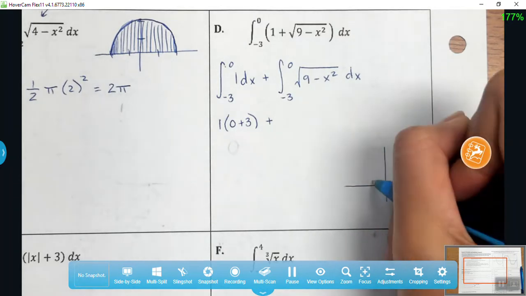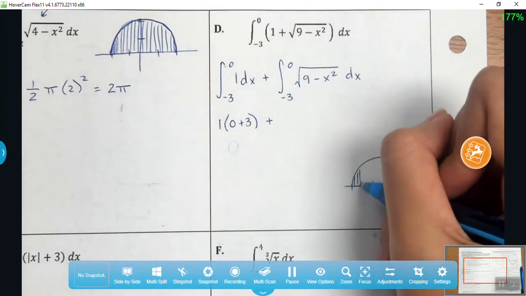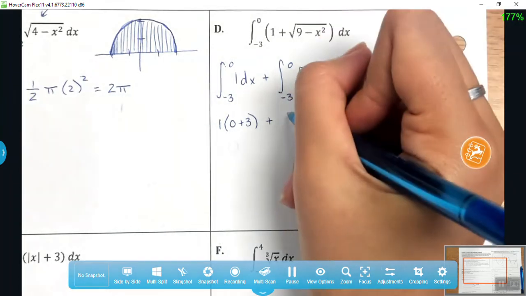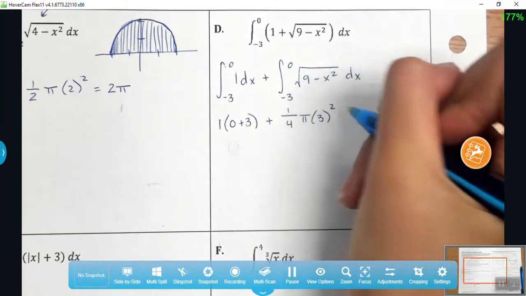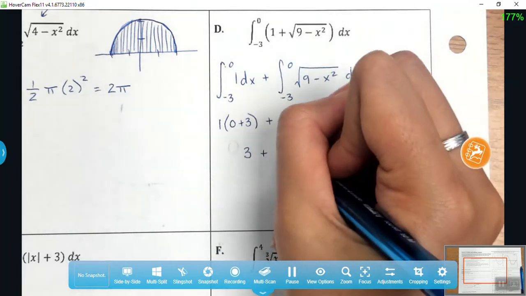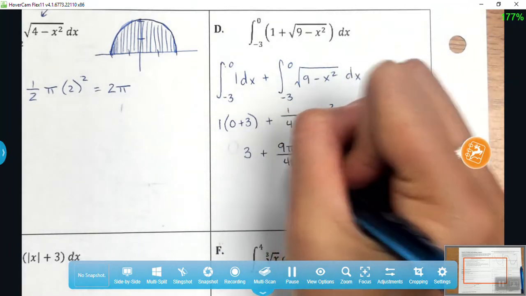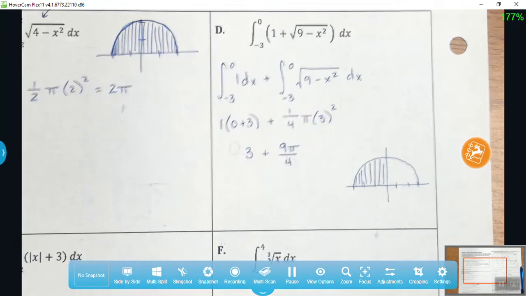Oh, you have to complete this. Oh, we should draw this real quick. Yeah. Is it negative 3 plus 9 pi over 4? I'm sure I got it wrong. Not negative, positive 3. You separate.